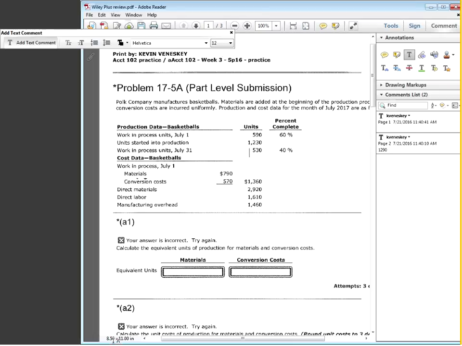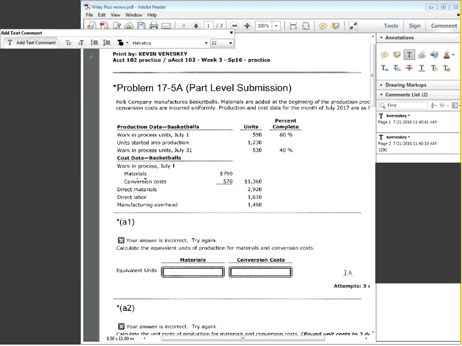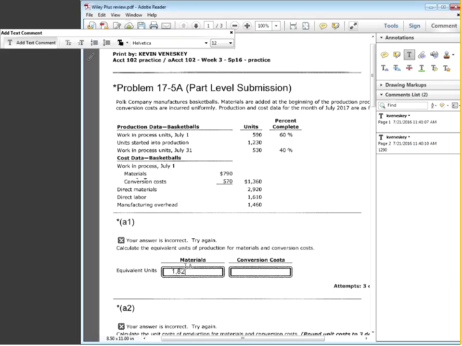I'm not going to add any new materials to those. So it's like I didn't have any ending inventory for my materials. I simply want to add in the 590 that I already started with, plus the 1,230, because all of the materials were already added right up front, day one, minute one. So actual materials is 1,820. Everything that I had already started plus the new stuff was 100% done for material purposes.